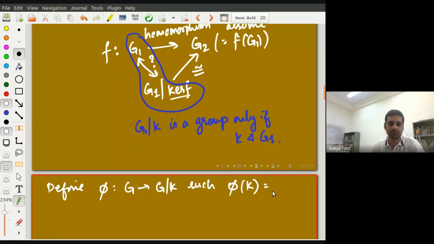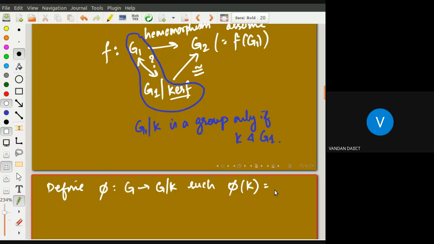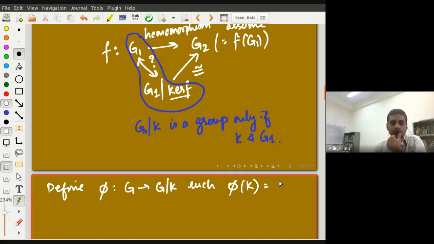Remember, K is a normal subgroup of G. Where should the elements of K go? They should go to EK, which is to say, to the coset K.